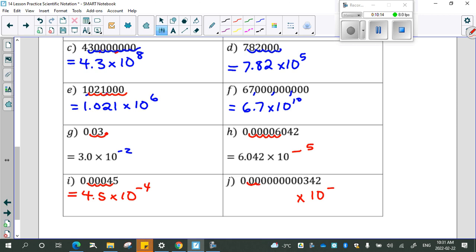So 1, 2, 3, 4, 5, 6, 7, 8, 9, 10 to get the decimal so that there's just one number in front of the decimal. So 3.42 times 10 to the negative 10. You get that, Paul? Okay.